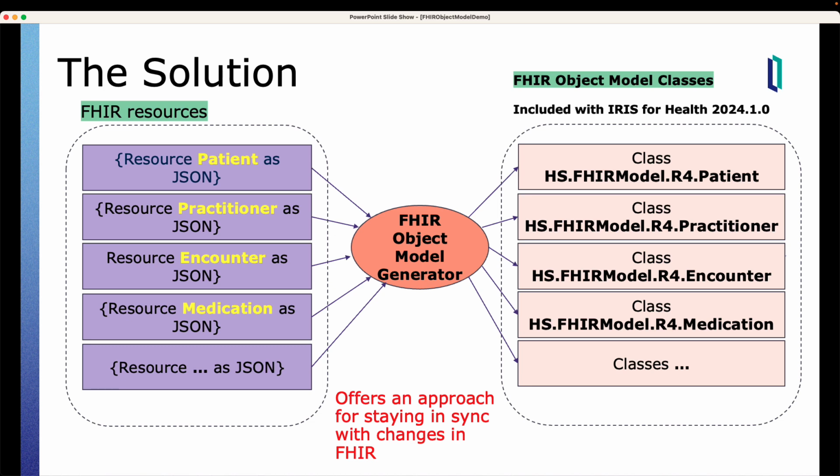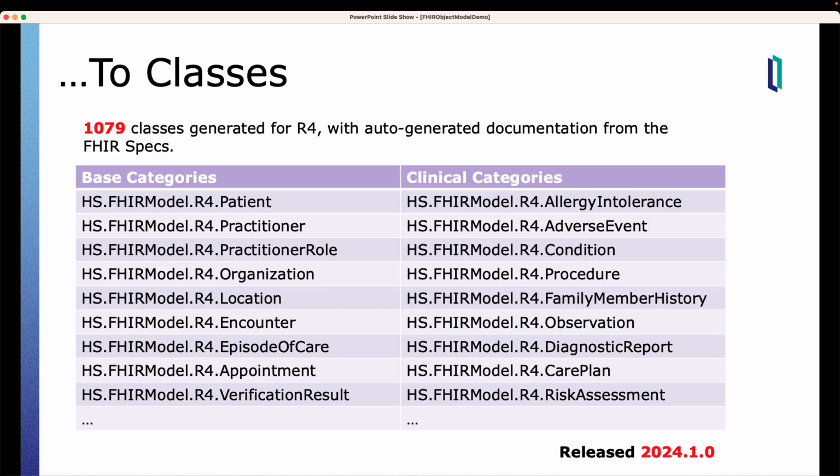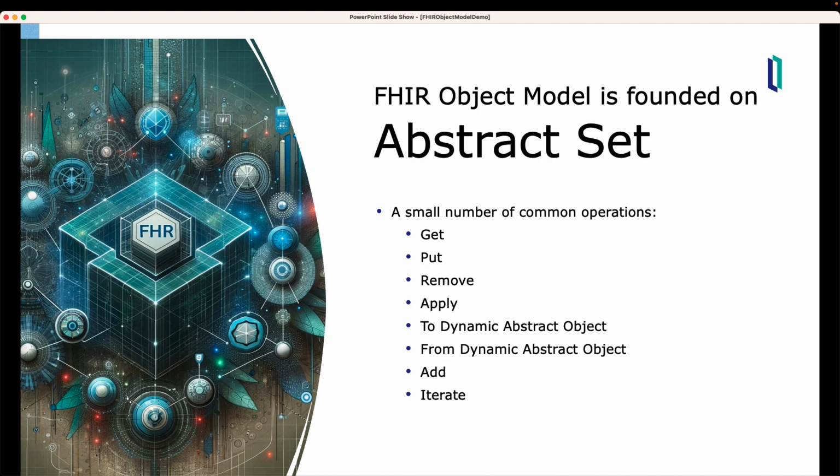So, for example, it will not be difficult to generate a set of classes for FHIR R5. So we have 1,079 classes generated for R4, as you can see here. This is found entirely in the 2024.1 release.